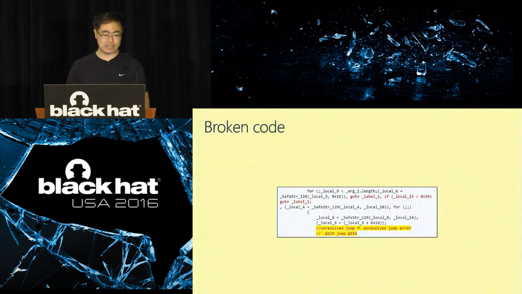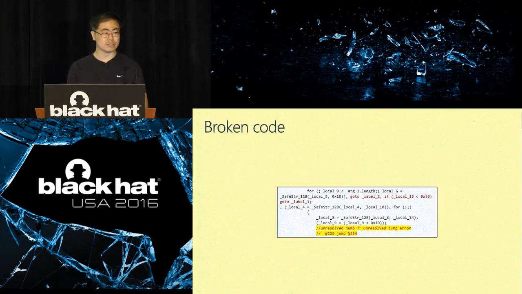One of the reasons is that they use a lot of obfuscation, and out of all those obfuscations, the most advanced one I found is the broken code shown here. If you open a recent Angler exploit, one of those, you will probably see these red lines, like a goto statement or unresolved jump statement.